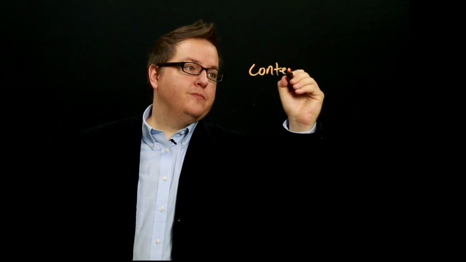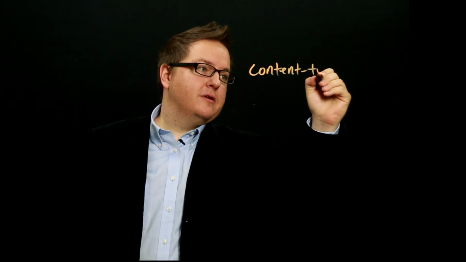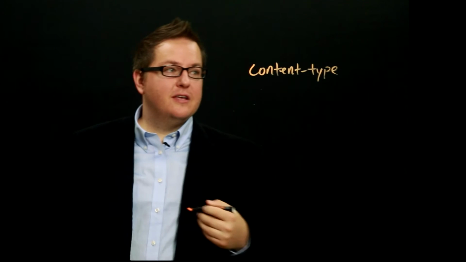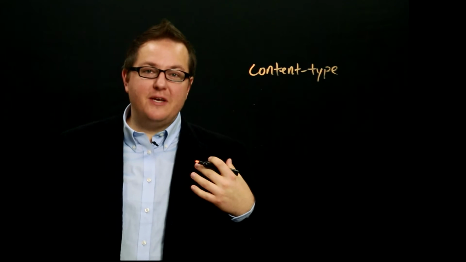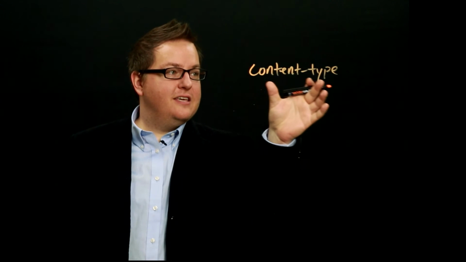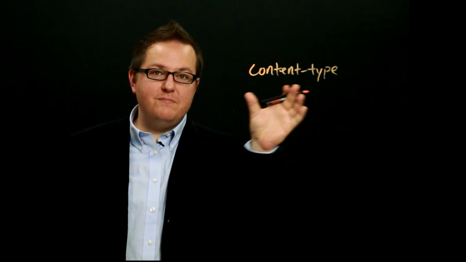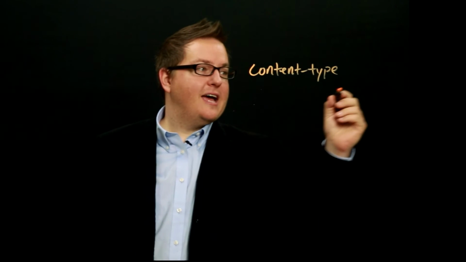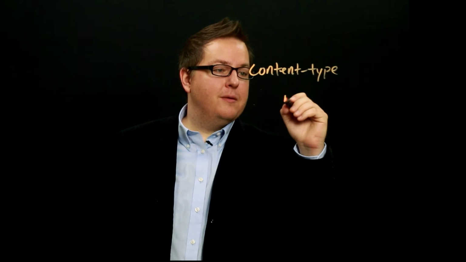This meta information gets communicated as the content type header in an HTTP message. And what the content type header says is that the body of this message should be interpreted as a particular MIME type.